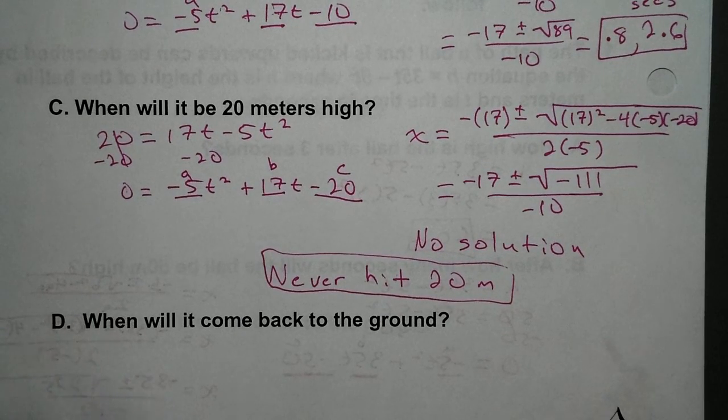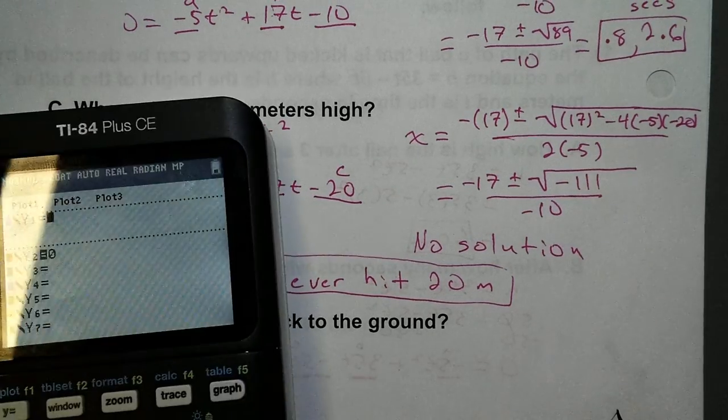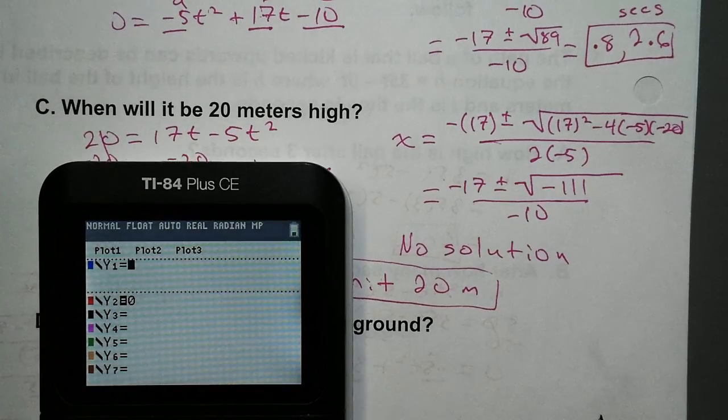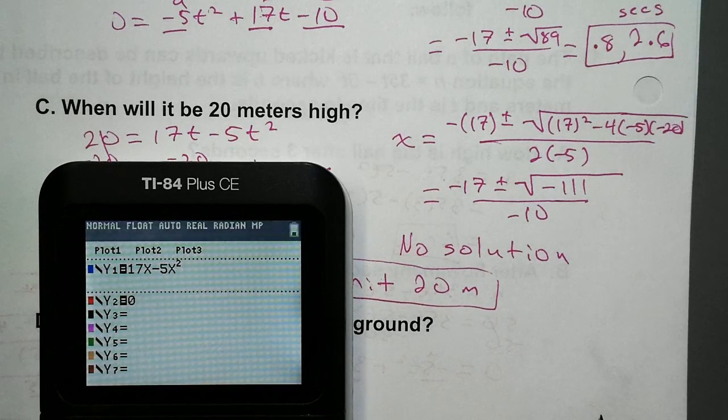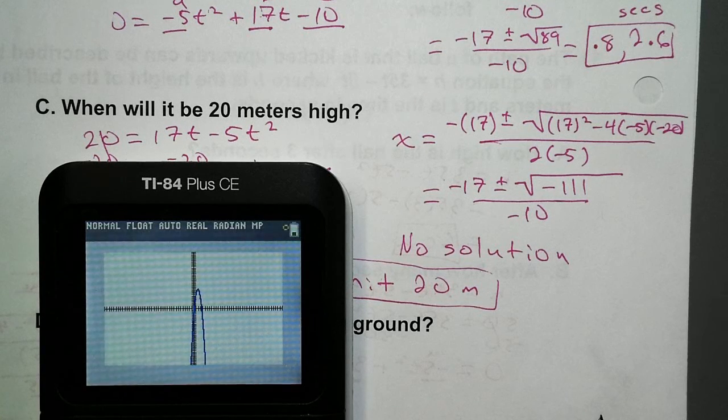Last one, when will it come back to the ground? All we have to do is go into our y equals and plug in our equation. So we've got 17x minus 5x squared, and type in your second line, y equals 0. Let's look at our graph. It does hit the ground, so second trace, we're looking for the intersect.